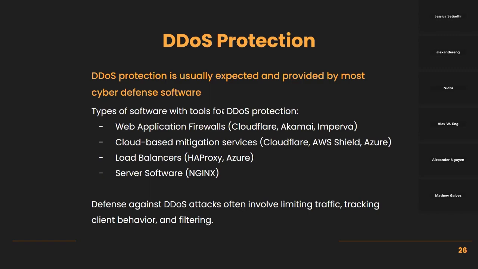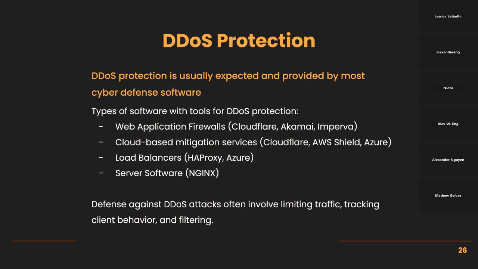Now, before I move on to the defense software, it is one thing to note that DDoS protection is usually expected by most cyber defense software and is provided by most. And I mean, even some software that isn't specifically designed for cyber defense has capabilities and configurations that do allow it to mitigate DDoS attacks.